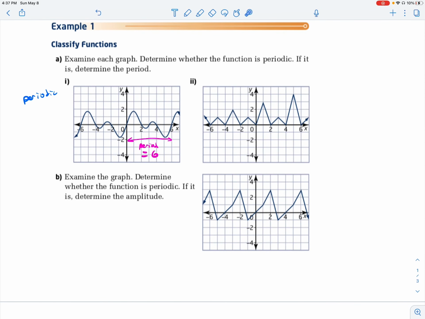Okay, let's move on to the next one. I see this thing going on here, but then it looks like it's growing with time. So I can't say that this repeats. I don't see one full cycle that repeats because it is growing with time, or as x increases, it's growing. So this is not periodic.